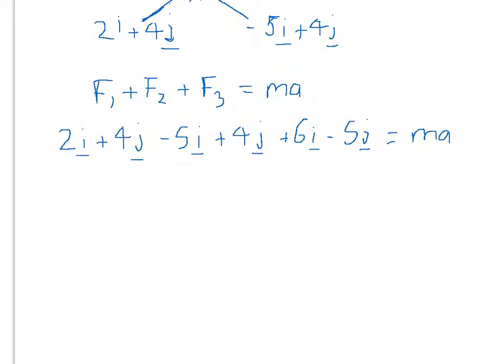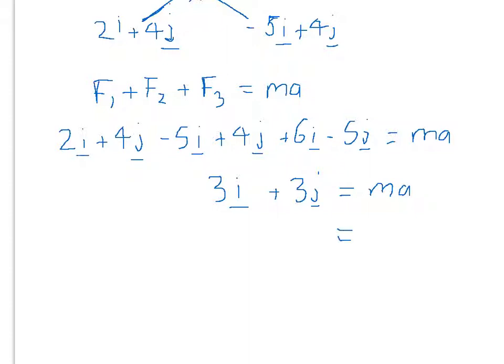So let's combine together our i components and our j components. If we collect together our i components, we get 3i, and if we collect together our j components, we get 3j. And that's equal to mass times acceleration. So our 3i plus 3j is all our forces combined together to make one overall force acting on this particle.